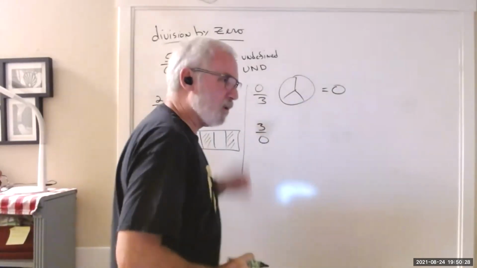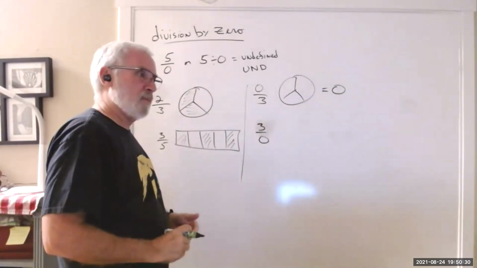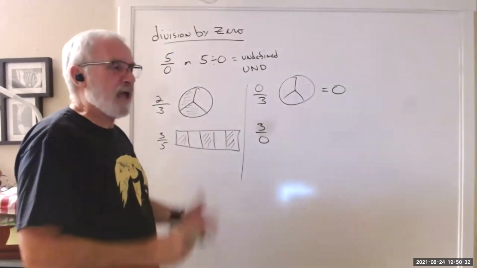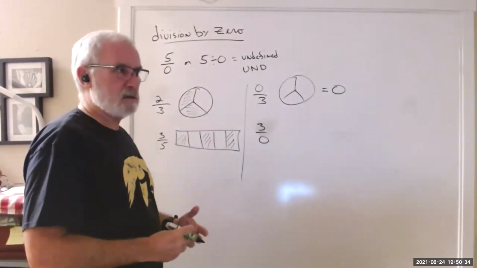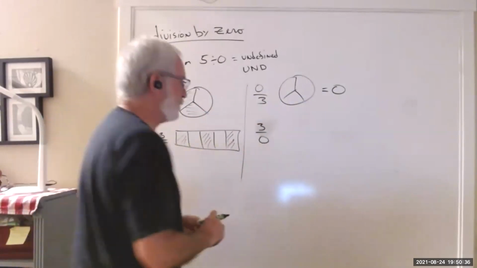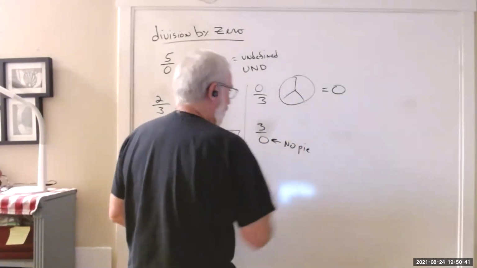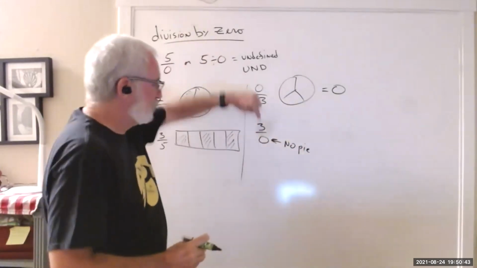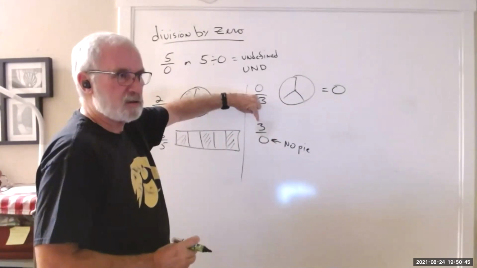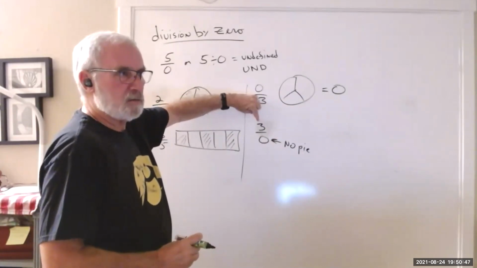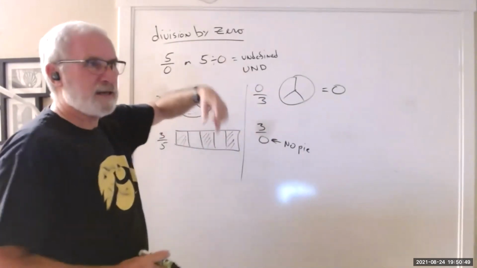However, think about this. What if you put 0 on the bottom? Well, that says we don't have a pie. No pie, or pizza or whatever you want to use. But it says you got to eat 3 pieces of it. Remember, the numerator is what you got to eat.